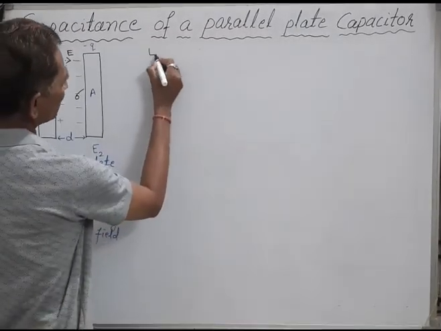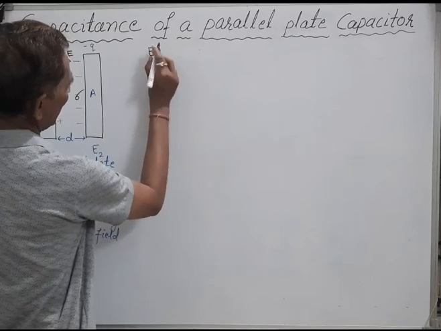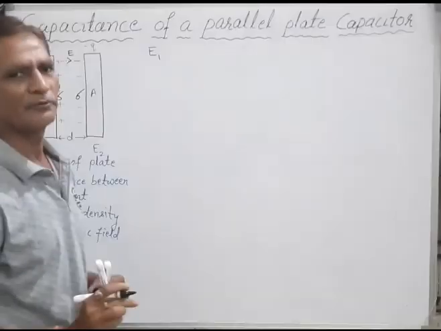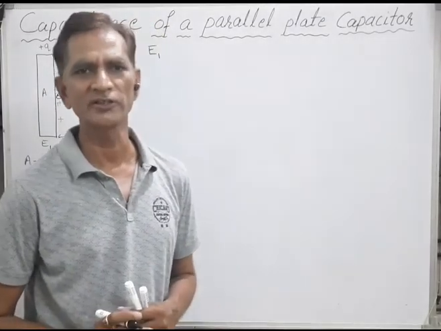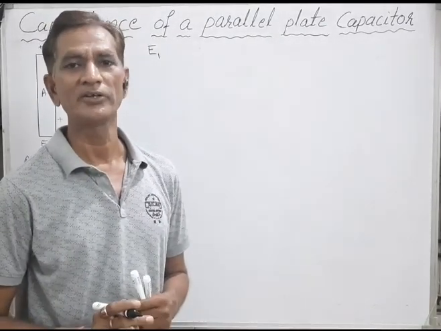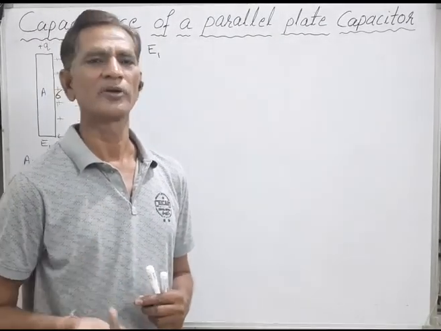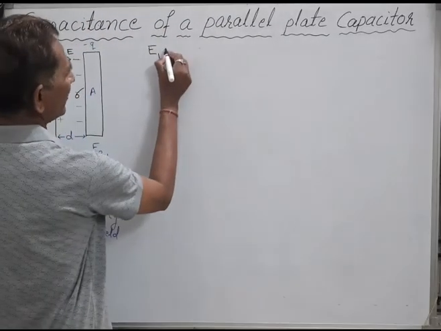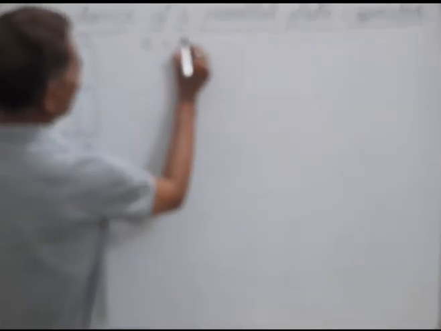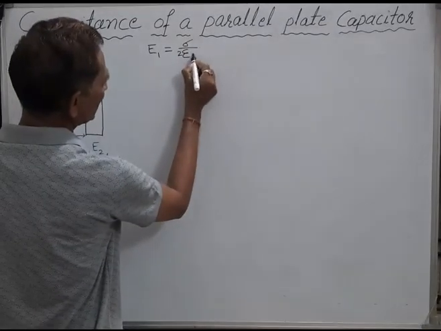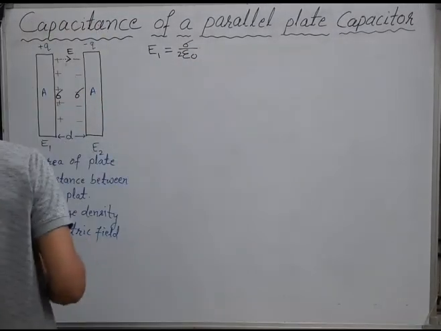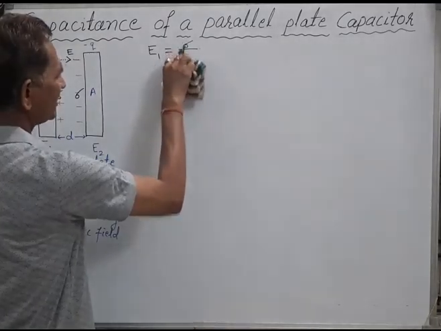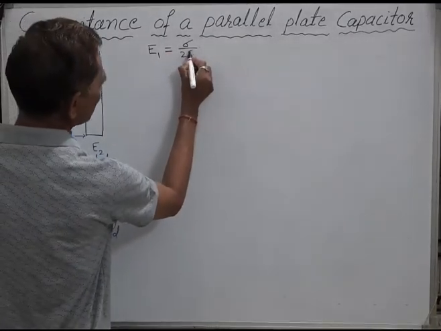As you know, the electric field due to a thin infinite sheet containing a large number of charges is given by sigma divided by 2 epsilon naught.